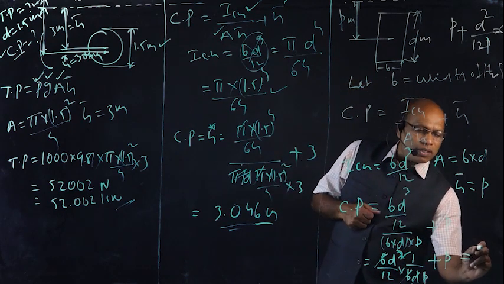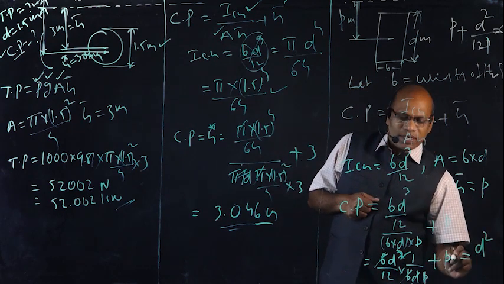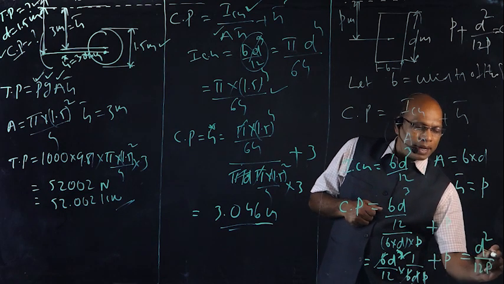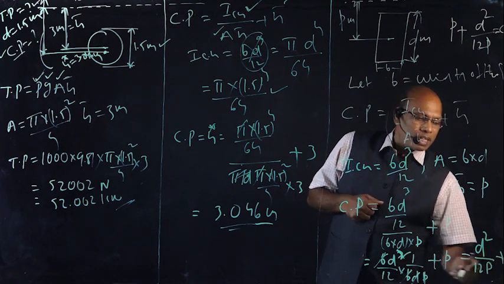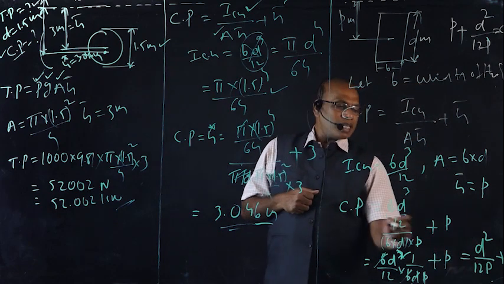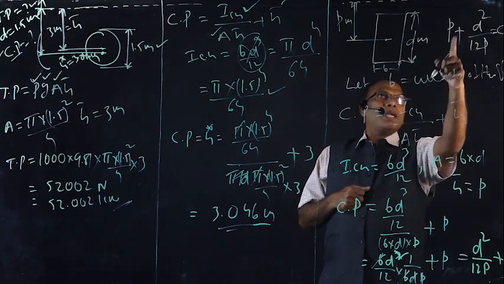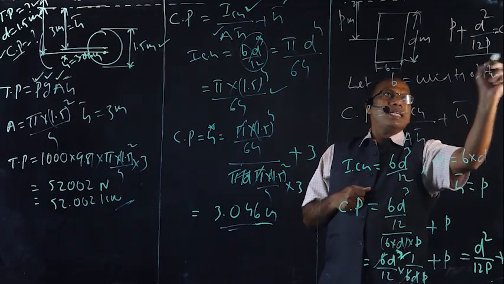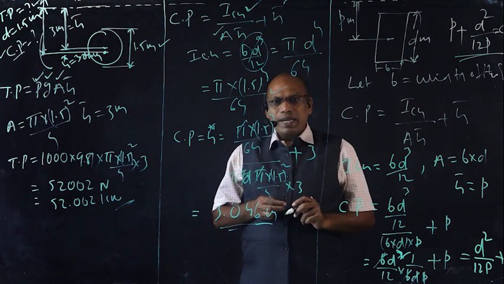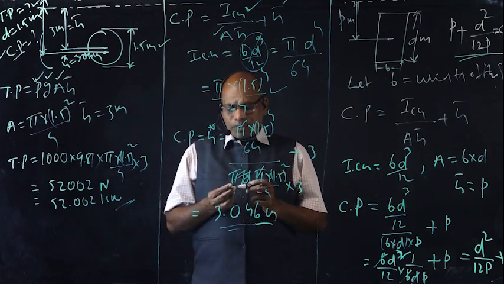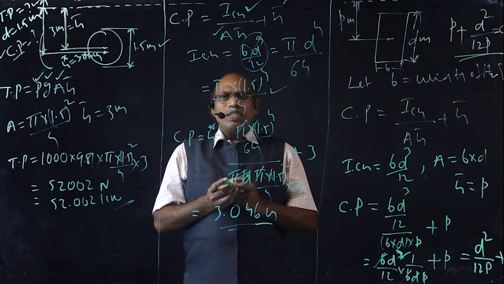Now this is equal to d square divided by 12p, plus p. Center of pressure is equal to d square divided by 12p plus p, or p plus d square by 12p is the center of pressure. Right? These are the problems related to the bodies immersed vertically in the liquid.